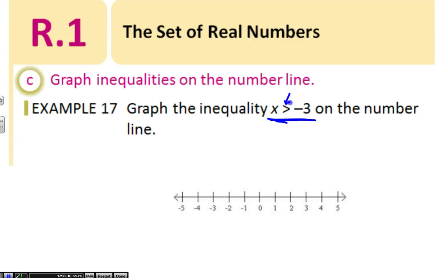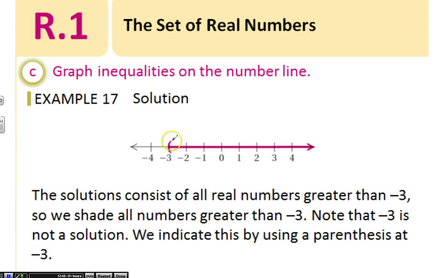Since it's not equal to, I'm going to use an open dot to represent all the values that are not equal to 3 but right next to 3. So I'll put an open dot at -3, and I want all the values that are greater than, so I'd shade everything over here. The author is not going to use an open dot and closed dot. This author is going to use a parenthesis and a bracket.